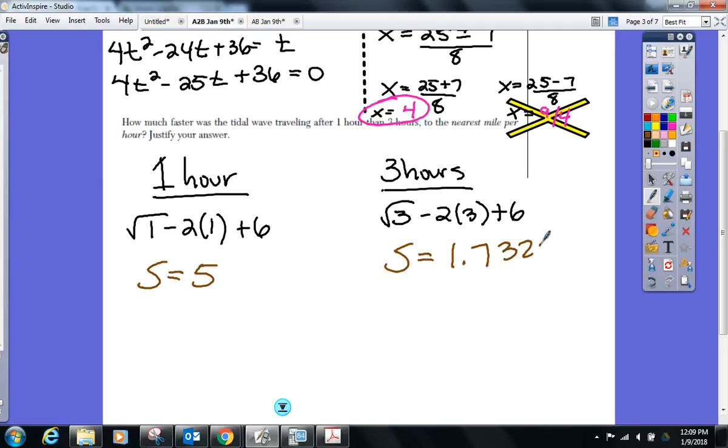I'm just going to add in a couple more there. 3, 2, 0. How do I find out how much faster it is?